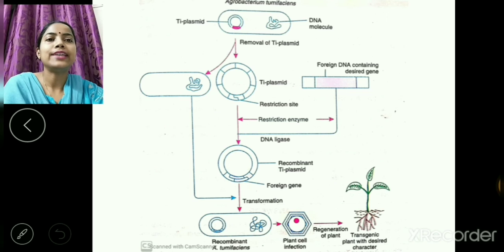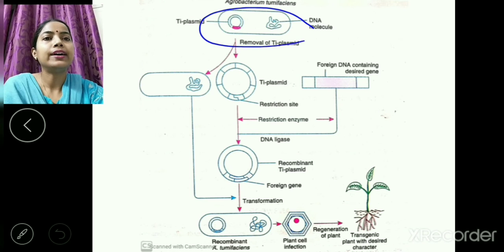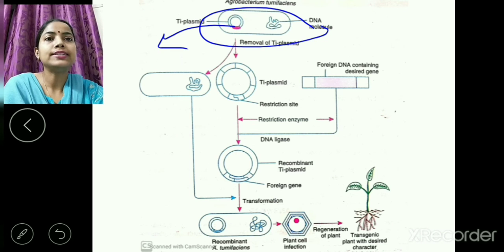Now let's take a quick recap of what we have learned. We have learned that Agrobacterium tumefaciens is a gram-negative soil bacteria. We are going to use the vector, that is Ti plasmid. It has a certain tDNA region, and it has the tendency, when it infects the plant cell, to transfer its tDNA region into the plant chromosomes.